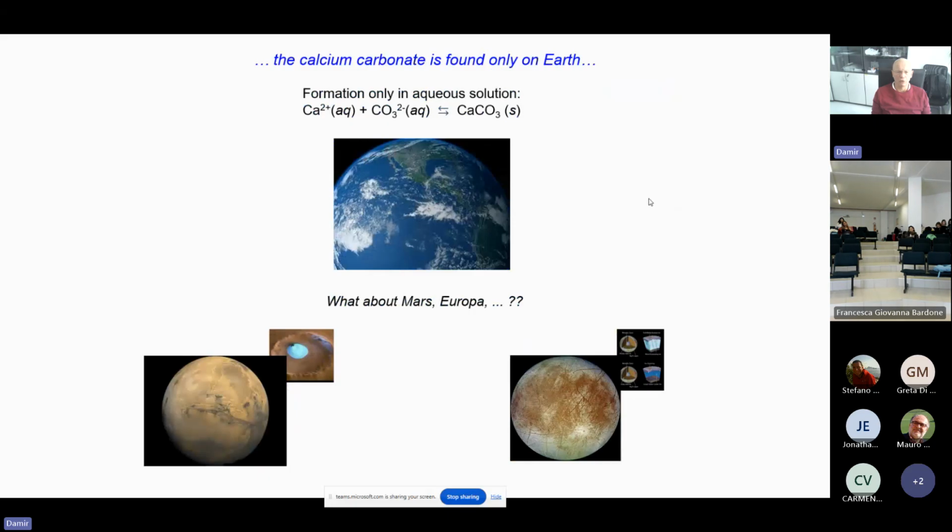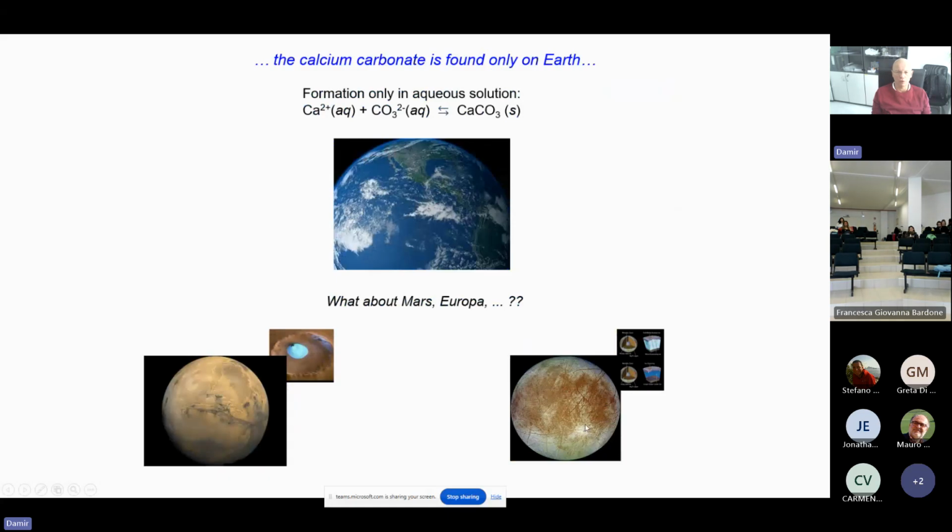They are covered with water. There was water on Mars, but also on Europa. There is a lot of water. The volume of the water on this moon is probably higher than all water in Earth oceans.